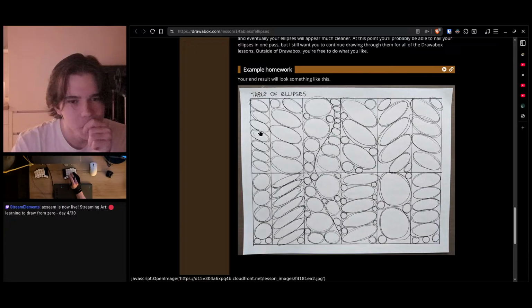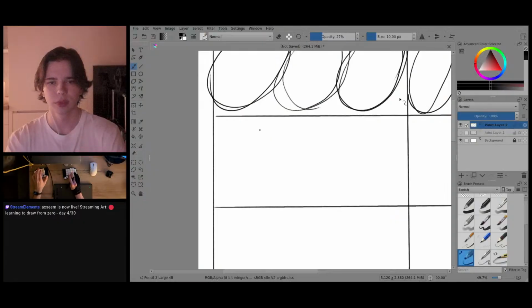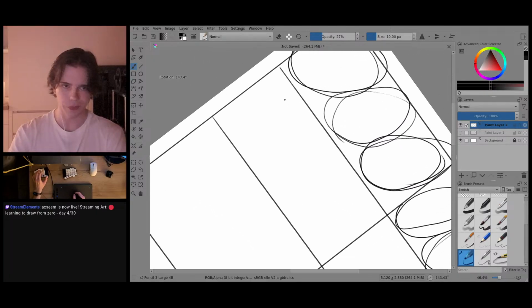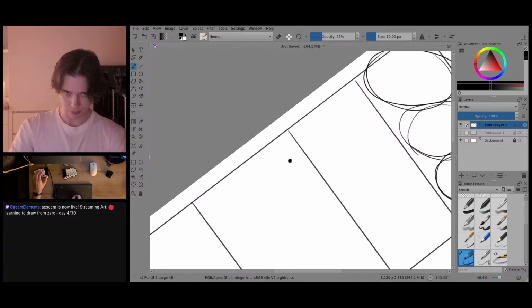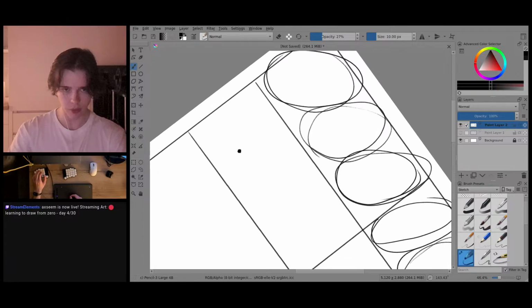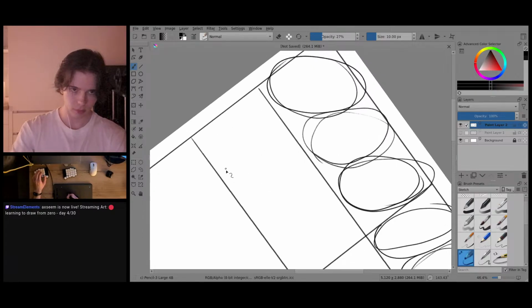Okay. Give us some circles, right? He also rotates the paper. This was a big one, right? It's so inconsistent. Every trace attempt is just different.